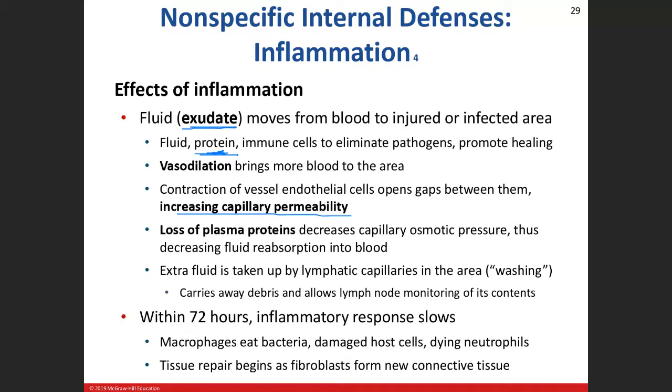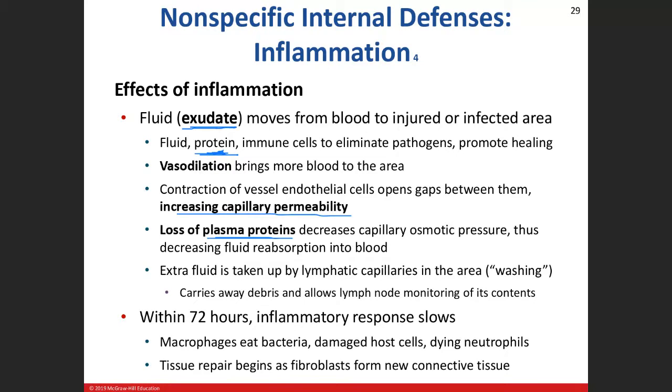Part of the problem when a capillary becomes leaky is that we're going to lose some of the contents of our blood. We talked about the cells. Now in our plasma, we are going to lose some of our proteins. What does that mean? Remember, bulk flow is a push-pull.